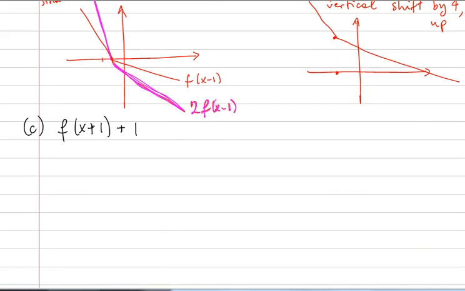For this one is shift horizontal to the left, and this is shift vertical up by 1.